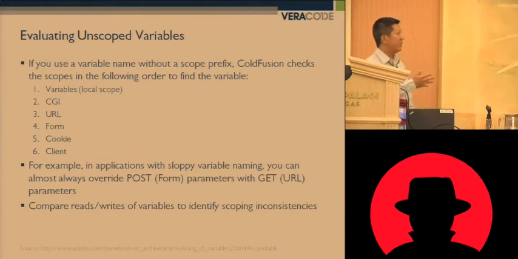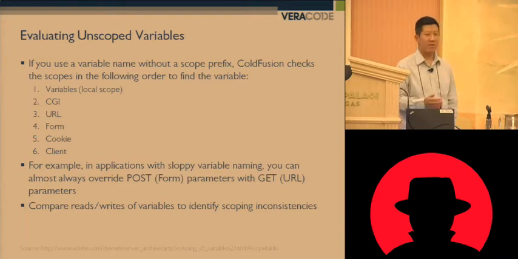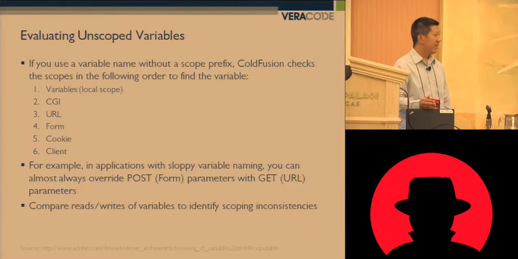So, a side effect of this search order is that if you have an application that doesn't specifically use scoping, you can almost always override form parameters with GET parameters, because the search order will look at the GET parameter first. URL is number 3, form is number 4. So if it sees a variable by the same name in both scopes, it's going to hit the URL one first.